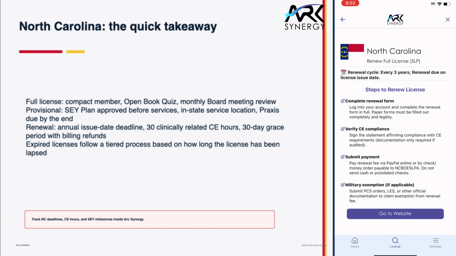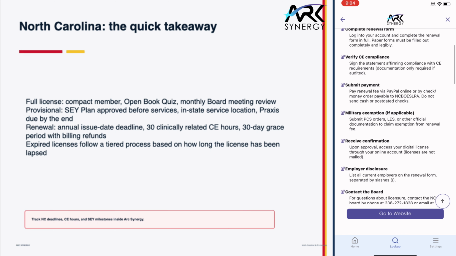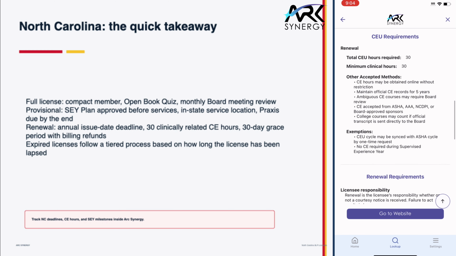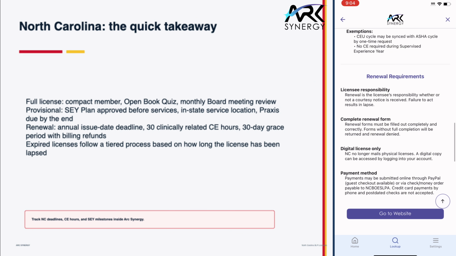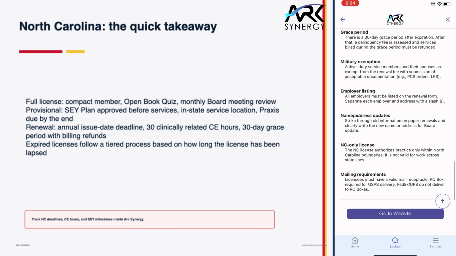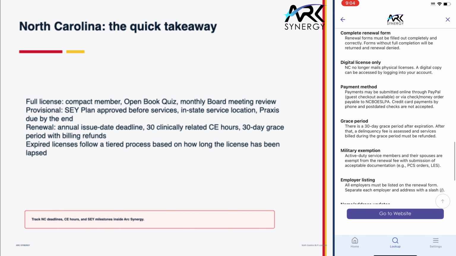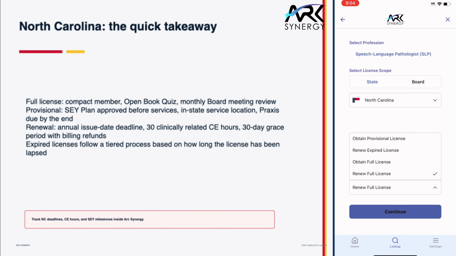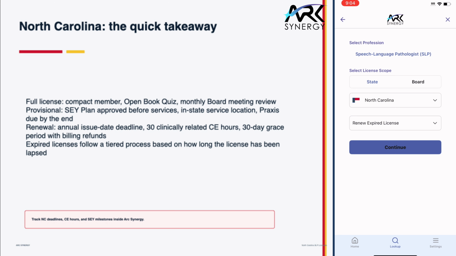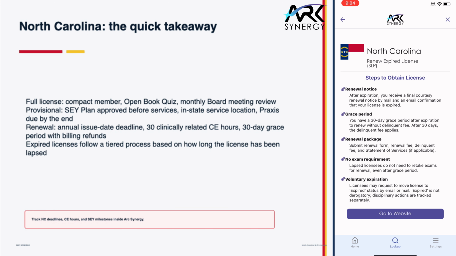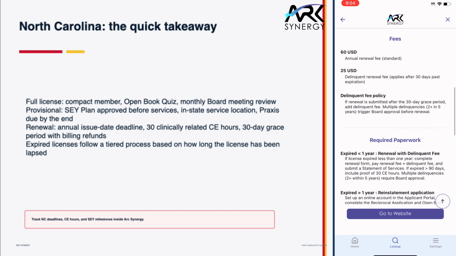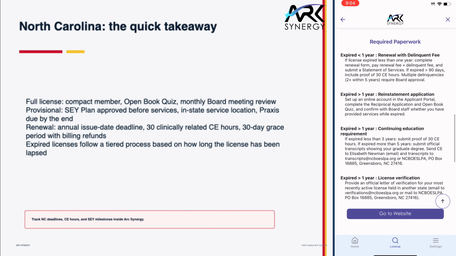And they have a tiered reinstatement process. The 30 hours have to be all clinically related hours, and you need to make sure you know your expiration date and set a reminder well in advance to not let your license lapse. But if it does lapse, again, they do have the tiered process that you can go through pretty painlessly. And that's all for North Carolina.